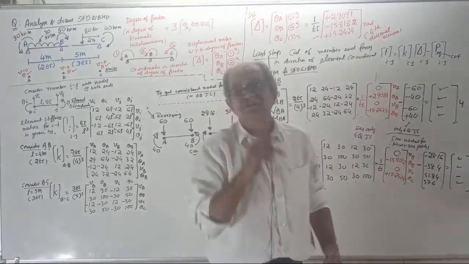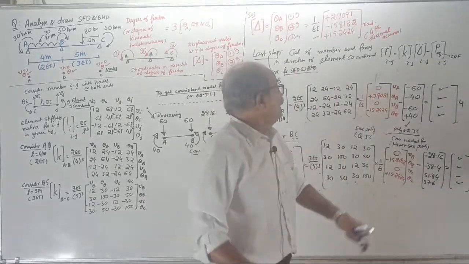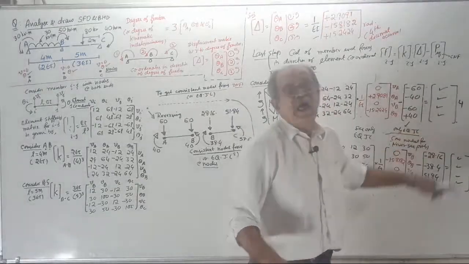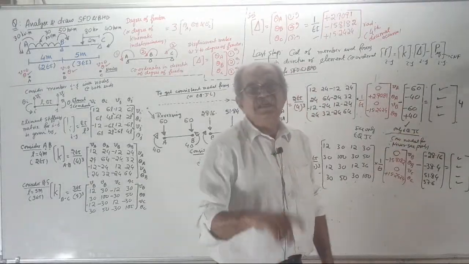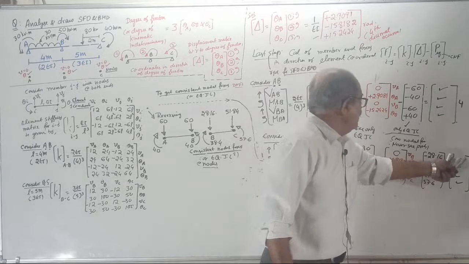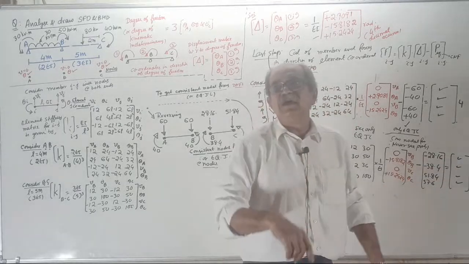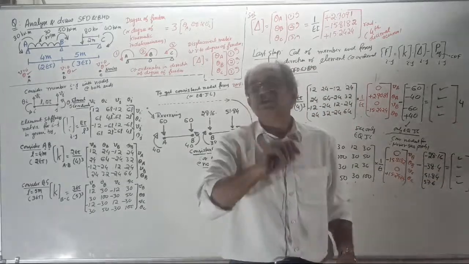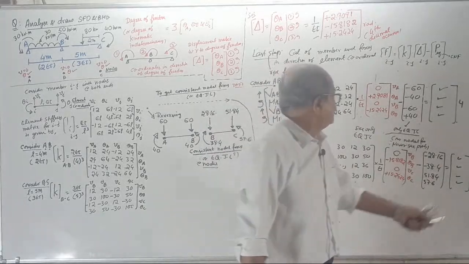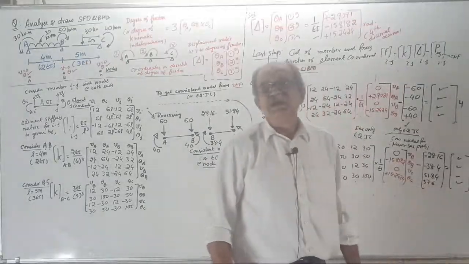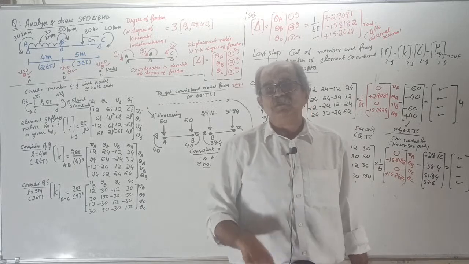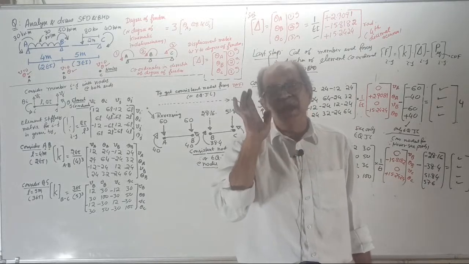You have to do it. You should type first these 4 values in order, then these 4 values in order. First type 4 values, leave a space, then type these 4 values. I will finish the question by drawing SFD BMD.